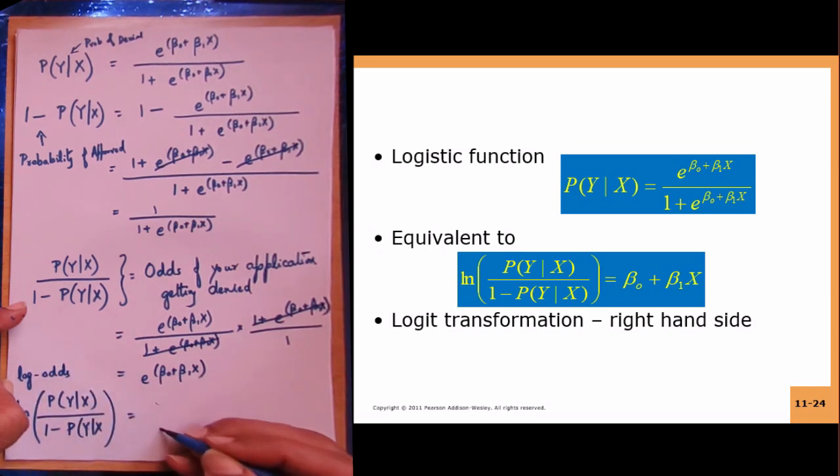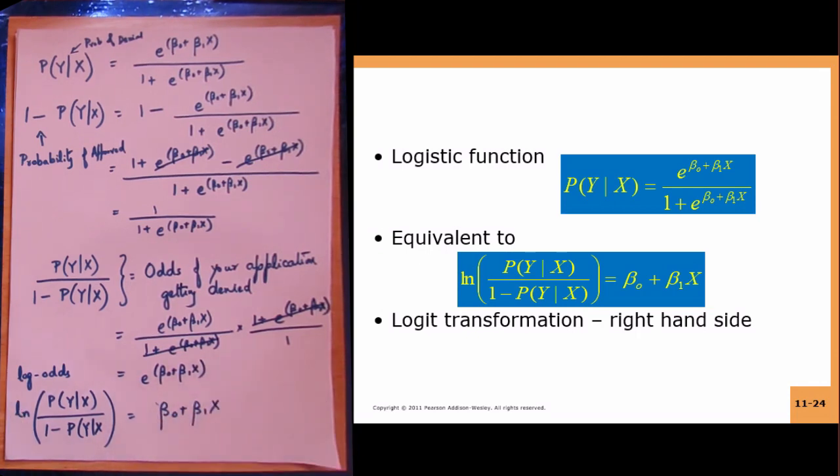Log odds is just beta 0 plus beta 1 x, because if you take log of this, you will arrive at beta 0 plus beta 1 x. So this is what has been shown. This can be written as log odds equal to beta 0 plus beta 1 x, and this is the logit transformation.